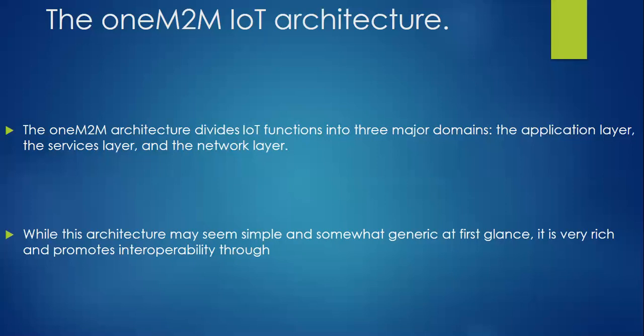network layer. Fine. So application layer means, remember, we are discussing the IoT architecture, and we will depend on certain kinds of applications.